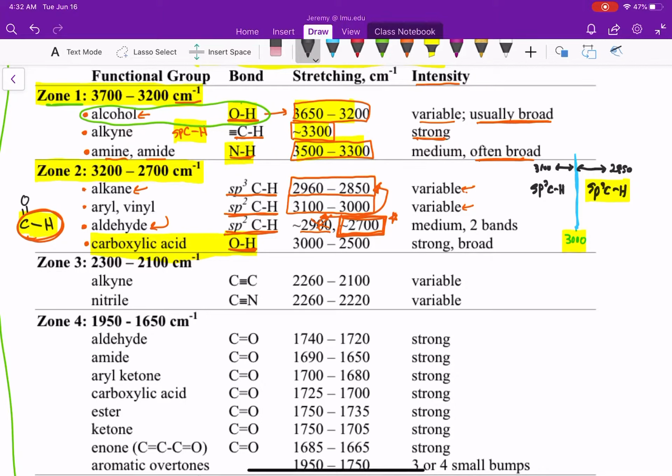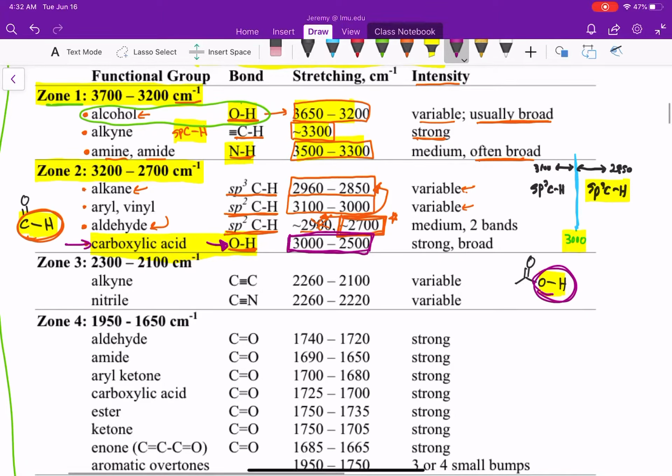So if we draw out our carboxylic acid functional group here, this OH peak, this bond here, is found in zone 2. That's an important distinction, and it will be from 3,000 to 2,500.